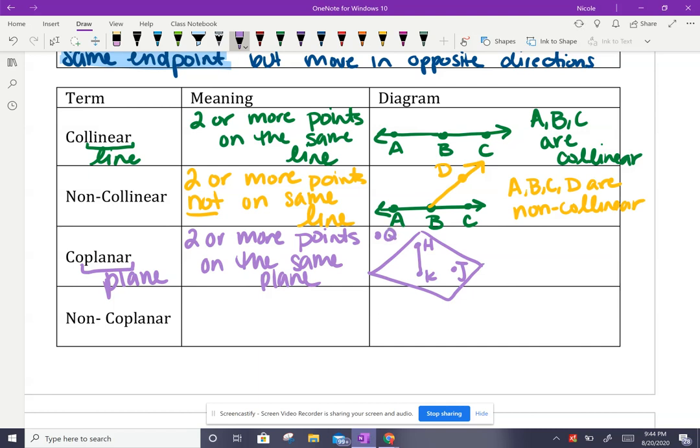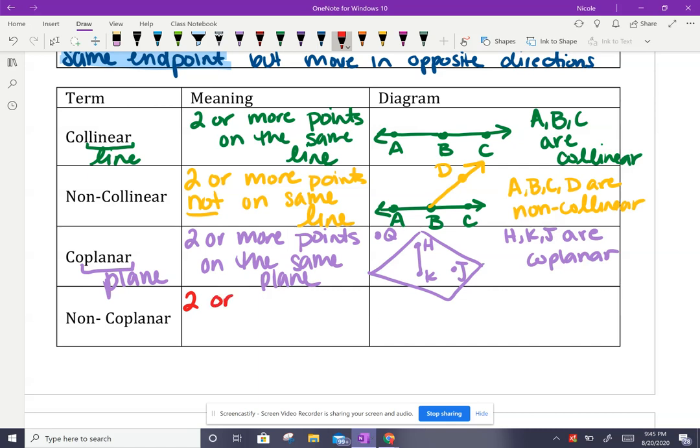I'm going to call that point Q. So I can say H, K, and J are coplanar. They are all together.